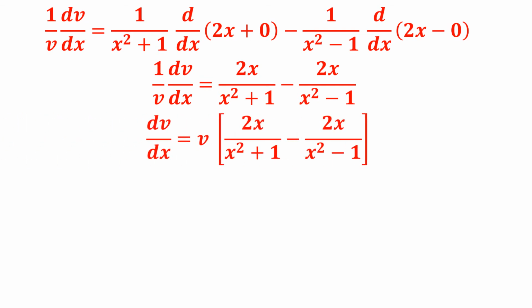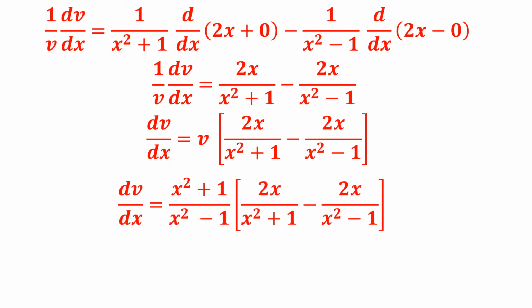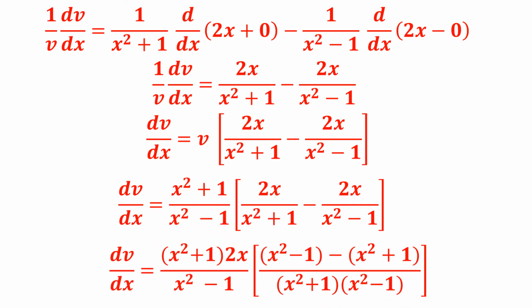Now we have to multiply it by v. Therefore v is nothing but (x² + 1)/(x² − 1). Now when you bring it inside, it can be a little bit simplified, by taking LCM inside the bracket and doing cross multiplication.